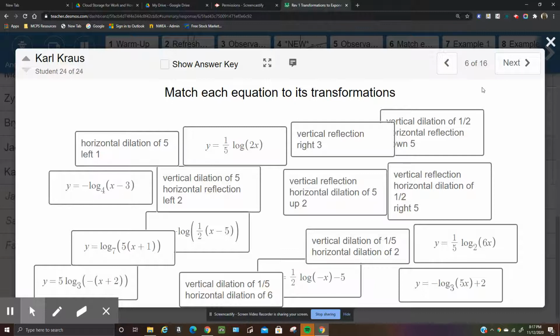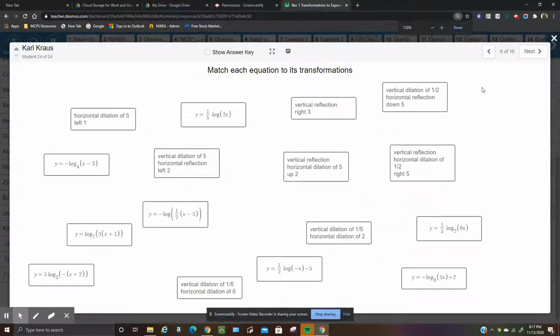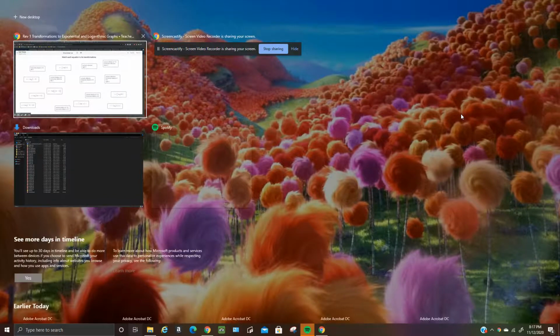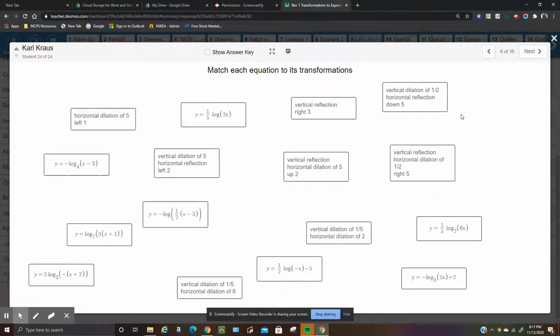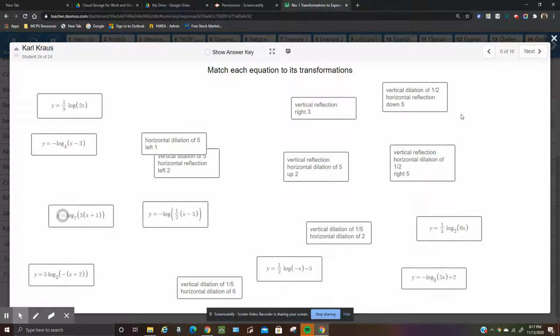And then to match these up here, so if I move these equations on either side of the screen here, whoops. So let's move the equations over here.